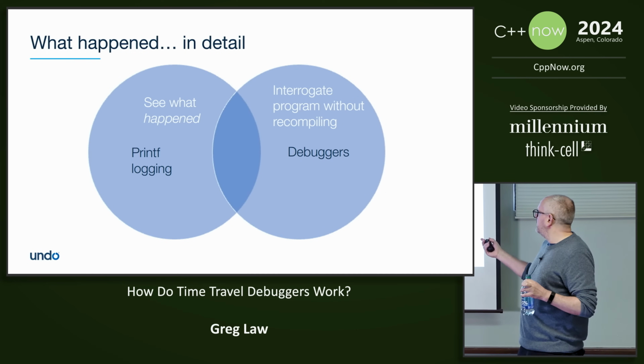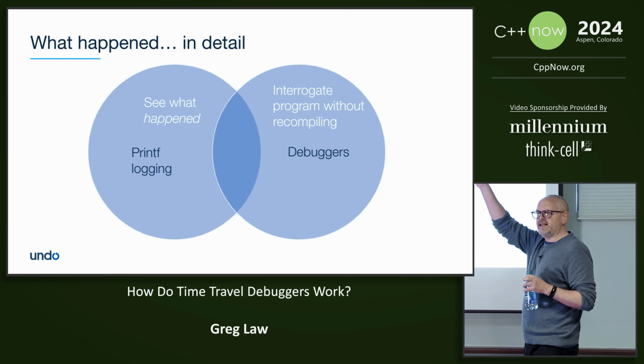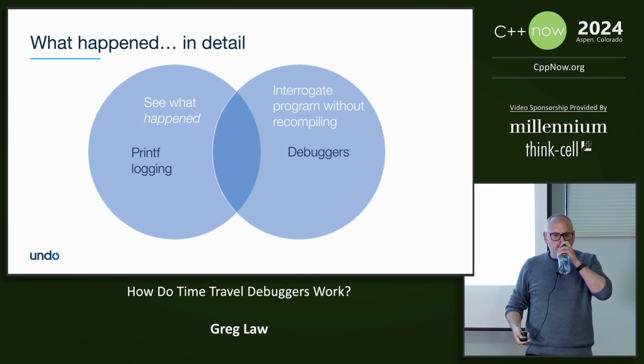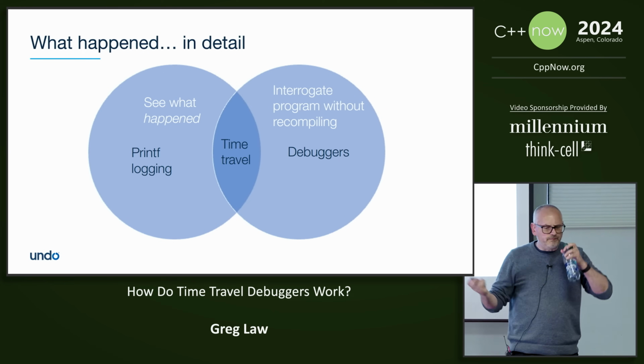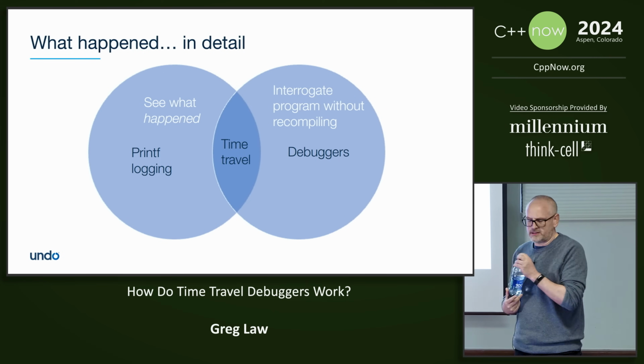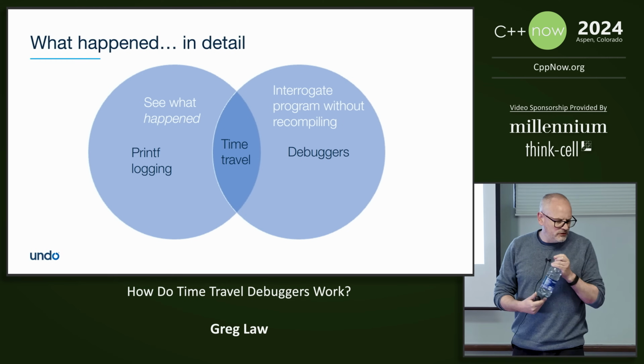Whereas the debugger lets you query anything. Like when I showed that little demo, I could look at the sprite x1 value, and without changing the program, I can see anything about the program state. And time travel gives you the best of both worlds. Right, that's the first of my two soapboxes today.